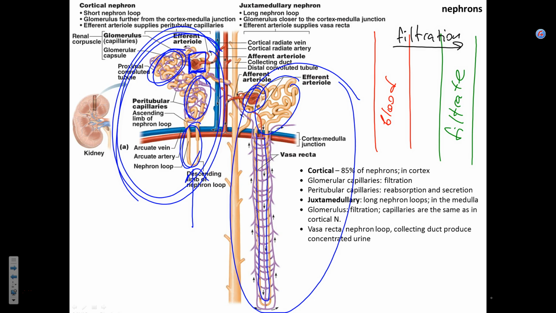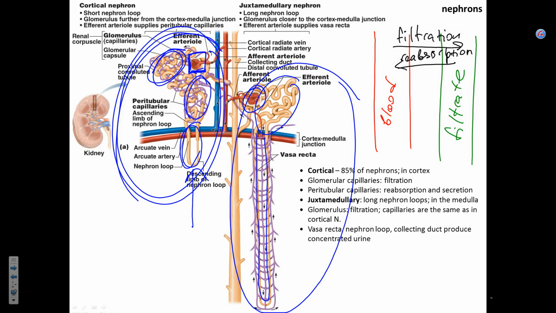During reabsorption, chemicals, where do they go to? Back into the blood. Now, with this back into the blood thing, do they hop from the filtrate straight into the blood vessel?